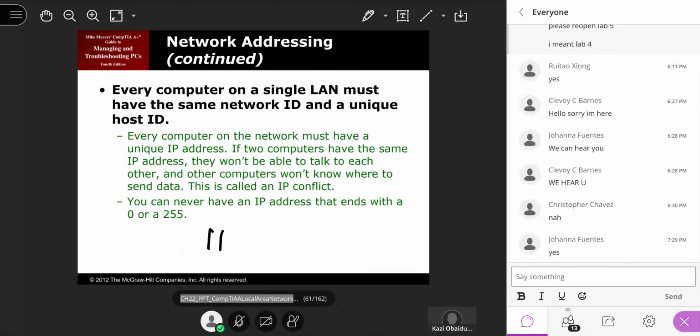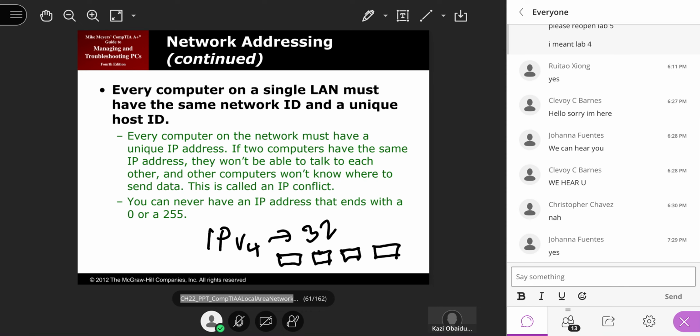IPv4, IP version 4, is 32 bits. 32 bits, how many segments? 4 segments. 1, 2, 3, 4. Okay, 4 segments. Each segment is 8 bit. Here is 8 bit. Here is 8 bit. 8 plus 8 is 16, plus 8 is 24, plus 8 is 32.